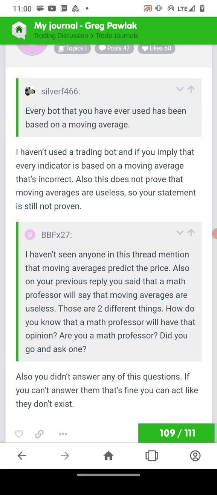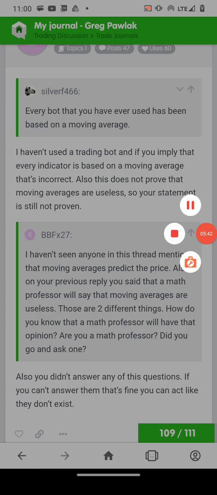So you can change those values, the period and the period size. And this is what bot developers do to generate a nice looking equity curve out of their backtest.